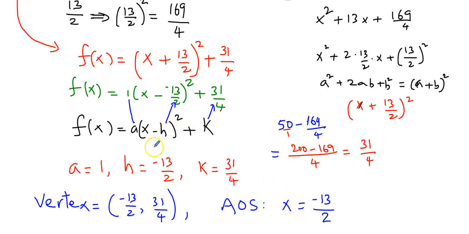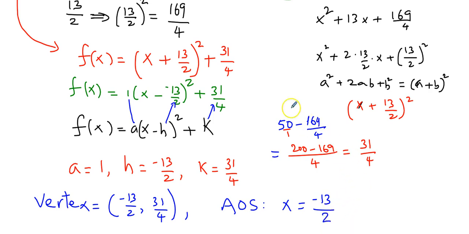In fact, you can verify this by drawing the graph. On any online graphic utility, you can just draw the graph and you will find that the vertex is exactly at this point, and the axis of symmetry, that vertical line, will be passing through this point, negative 13 over 2.